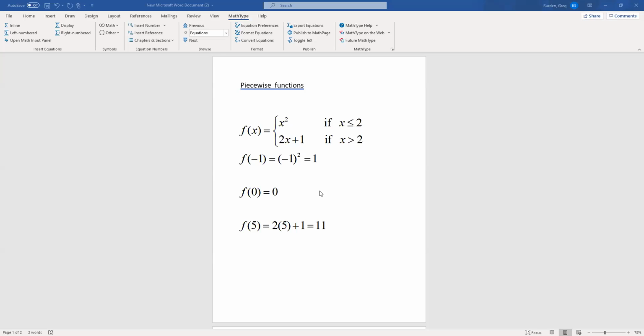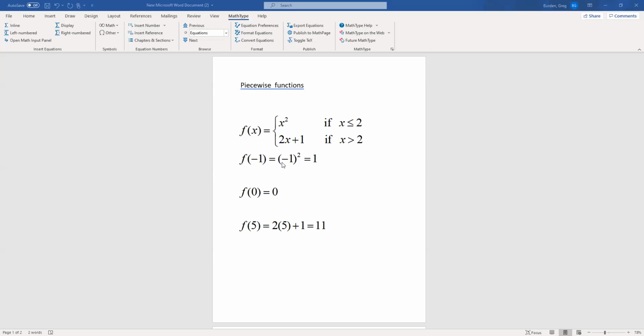If you're trying to evaluate the function, say you want to evaluate f of -1, well, you look up here and say -1 is less than 2. So we're going to use the definition up here that says that in that case we square the input to get the output.